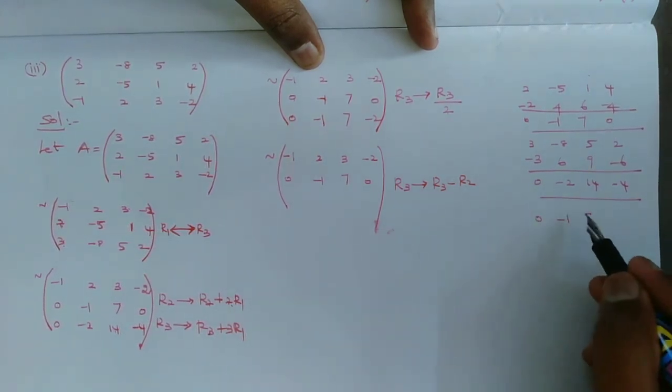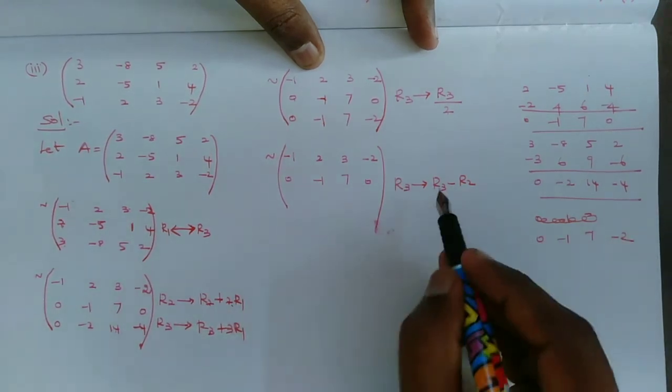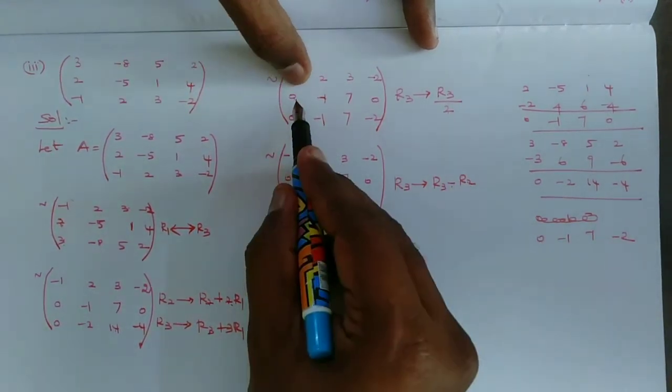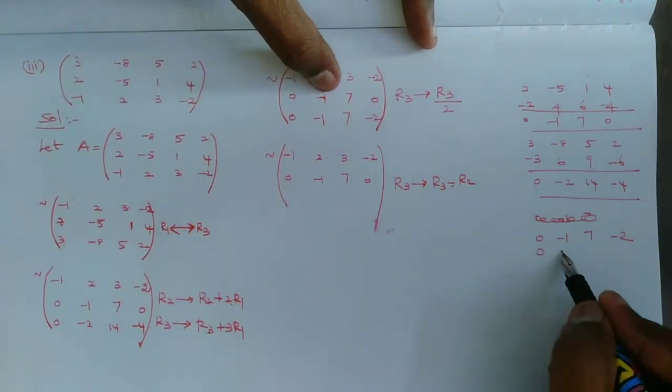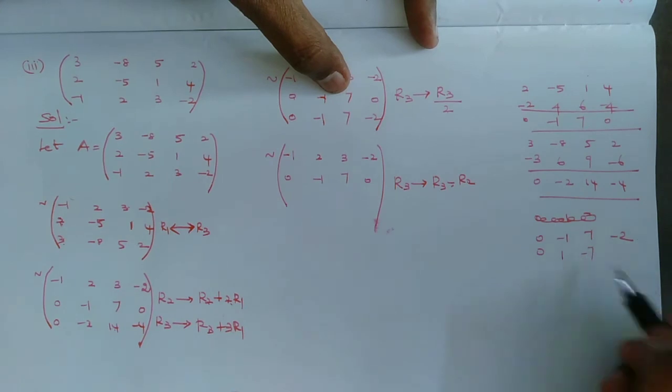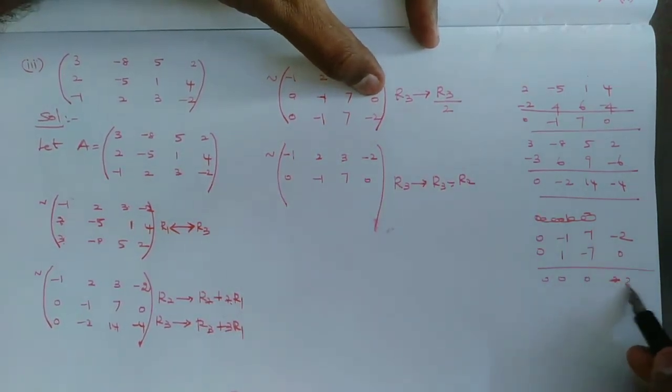First write R3, sorry: 0 minus 1 7 minus 2. Multiply R2 with minus 1: 0 into minus is 0, minus into minus is plus 1, 7 into minus is minus 7, 0 into minus is 0. 0 0 0 minus 2.